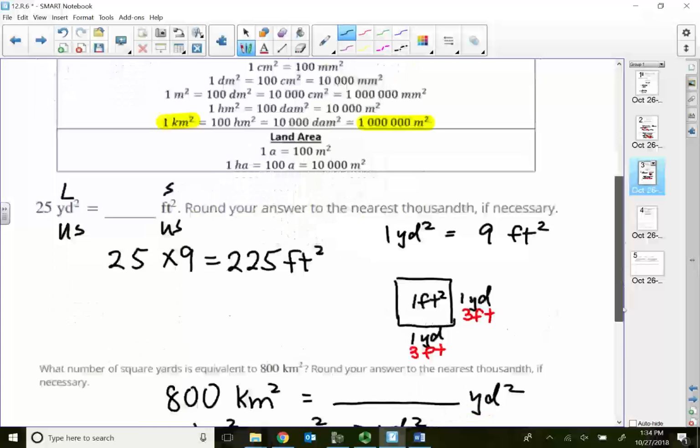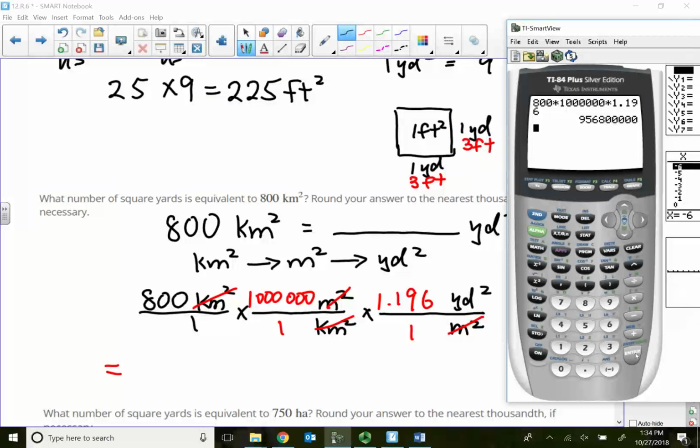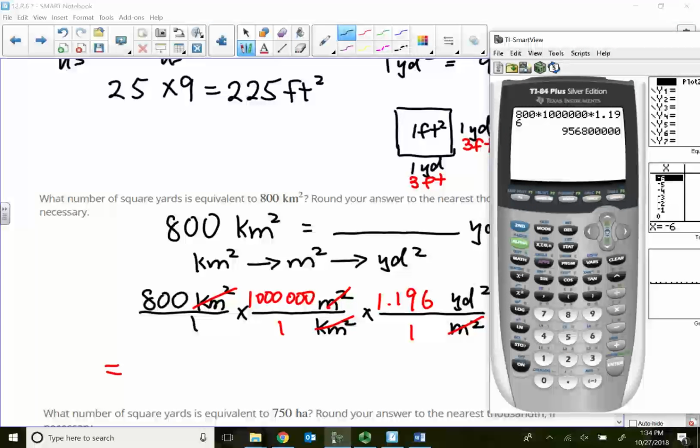Yep. So now on the calculator, when I press enter, oh, no scientific notation. Sometimes what you see is a letter E and a number behind it. That means times 10 to so many power. So this problem doesn't have it. Round my answer to the nearest 1,000 if necessary. I don't need it. So this is 9568.